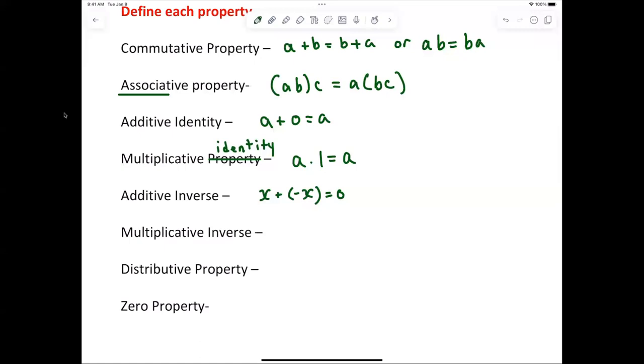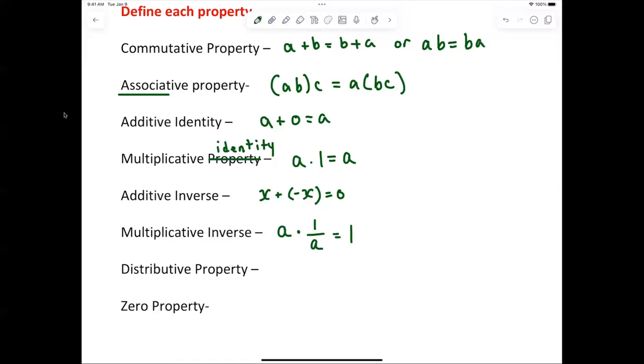No, not adding. Yes, divide A by A, but instead of saying divided by, it's going to be called A times the reciprocal, 1 over A. Those cancel out to become 1. So that is the multiplicative inverse.